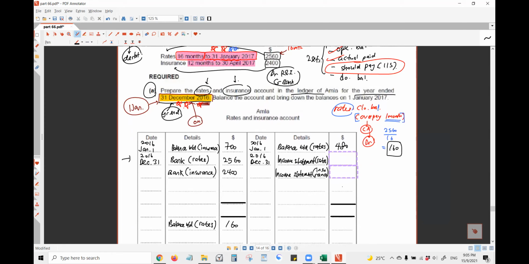Move it up diagonally. Then write rates. First day of the next year, right here, January 1st, 2017. Okay, finish. That's the closing balance for the rates.